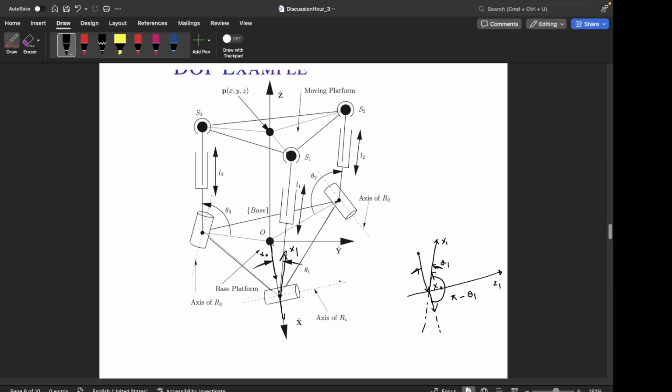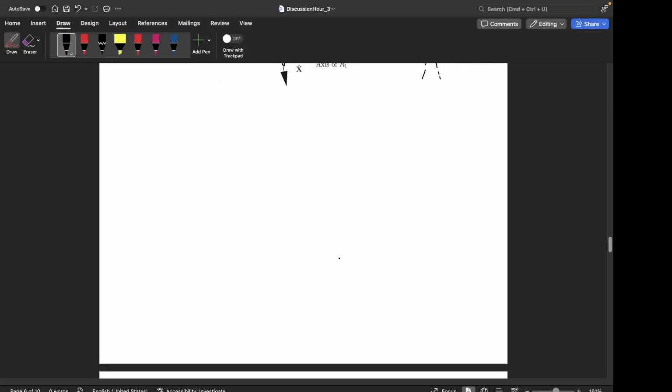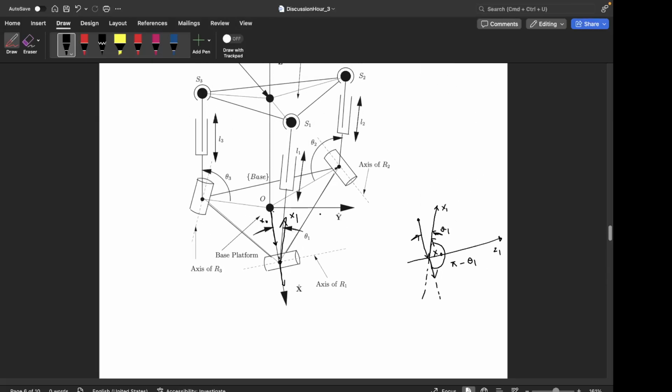But I think this would then not be x1 but x2, because this is the second link. You are right, this would be x2 because this is the second link.